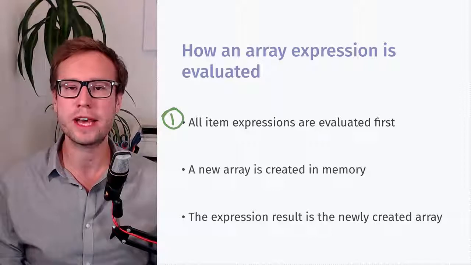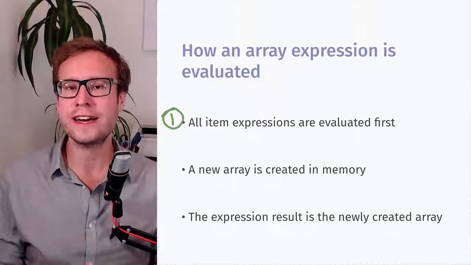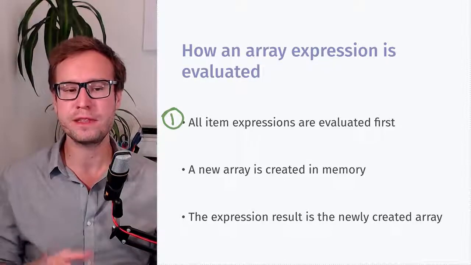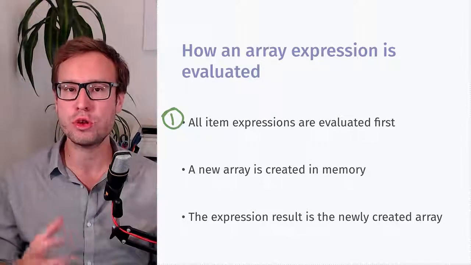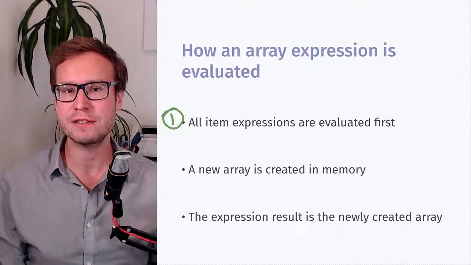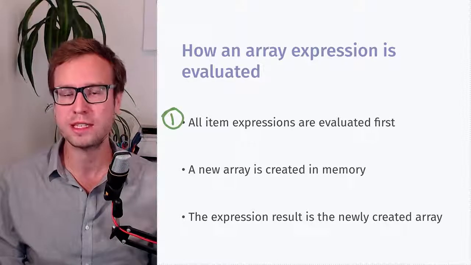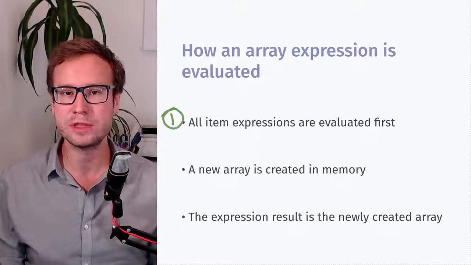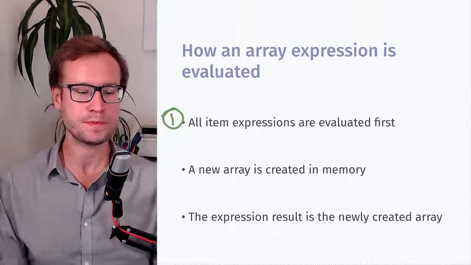Clearly, we need to know that. So first we are going to find out each of the items. And if any of the items are sub-expressions, then those sub-expressions get evaluated first. We need to find out the result of those sub-expressions to then be able to put the values into the new array that we're going to create in memory.